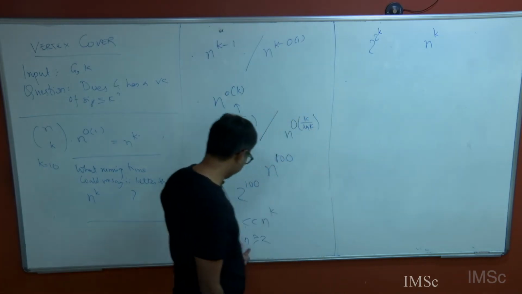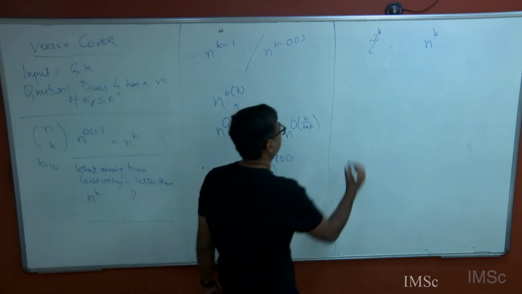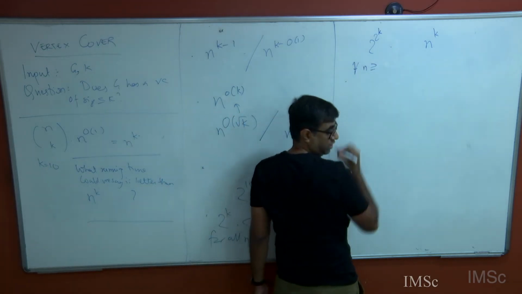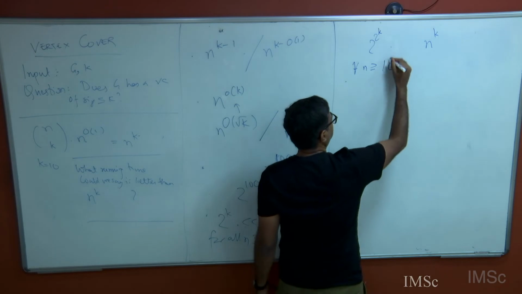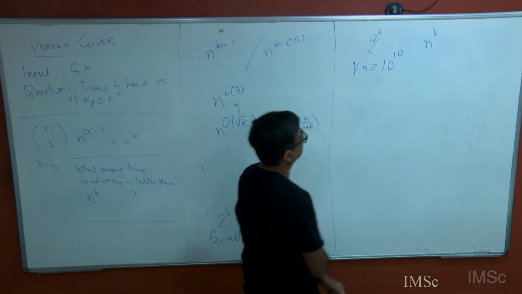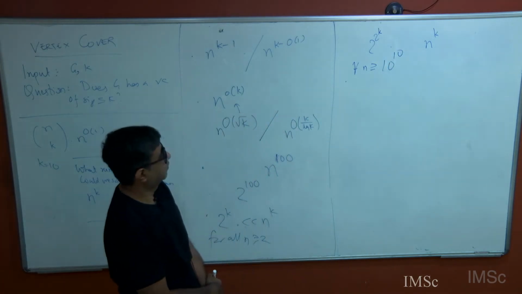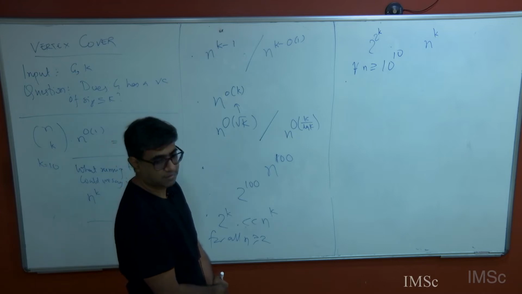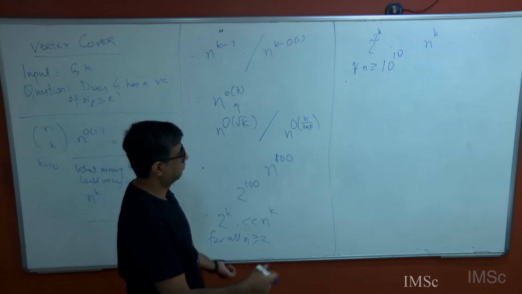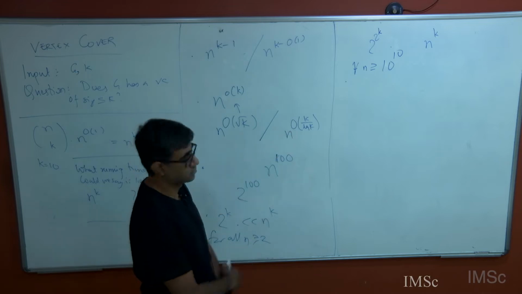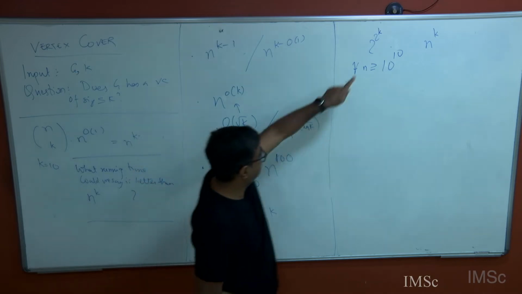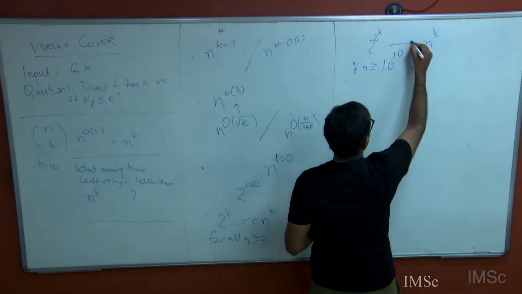I claim, can you say something like this, for all n greater than or equal to some 10 to the power 10 or something, can I ever say this? Or what will I say, that this is greater than this? I want to say, for all this function is better than this.